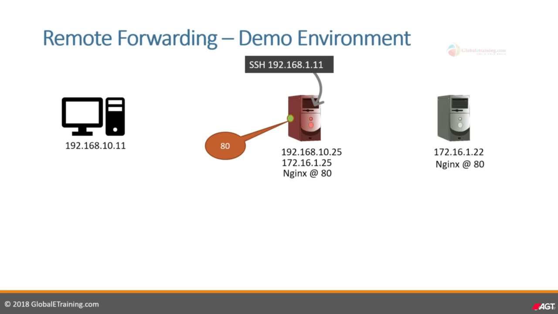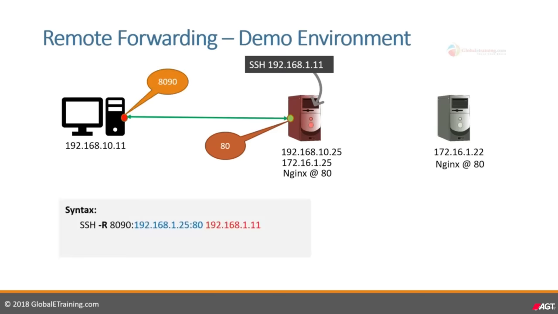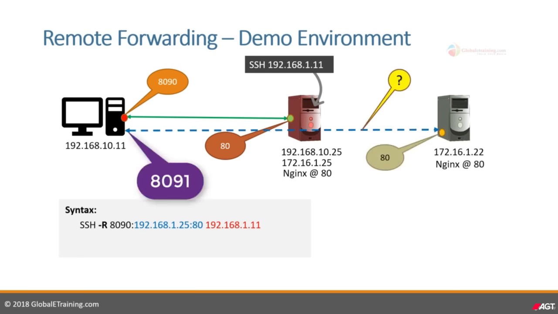And the result is that we would open up new ports on the .11 machine. In this case, we would open 8090 and 8091. 8090 gets mapped to the Nginx port on the jump server, which is .25.